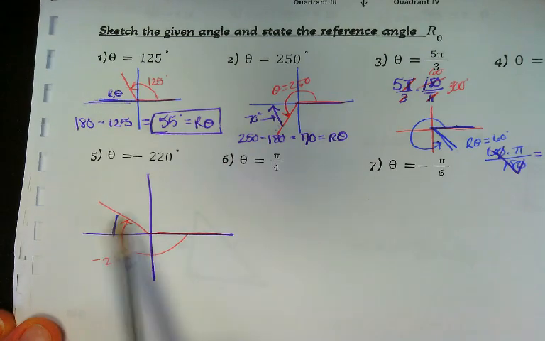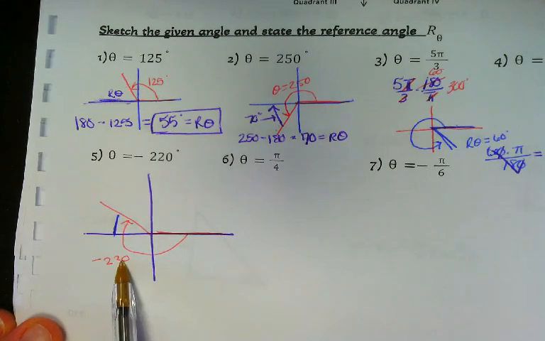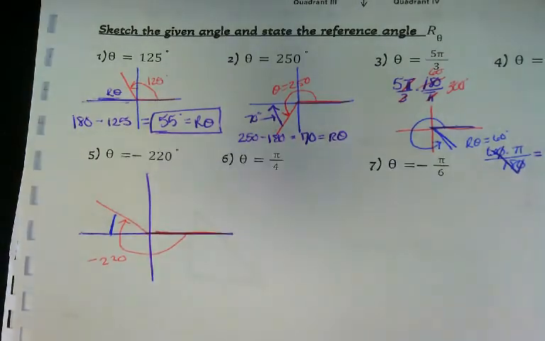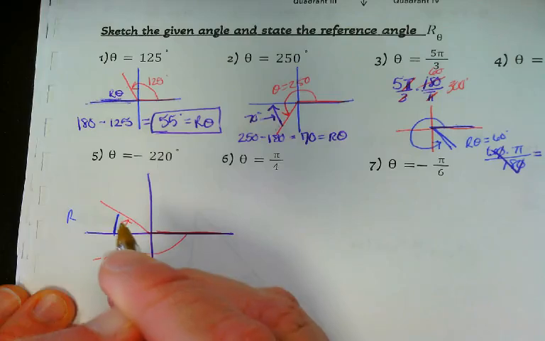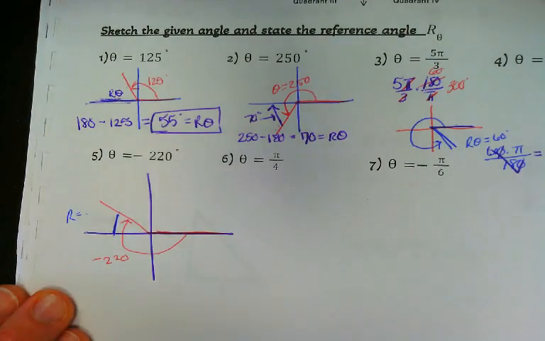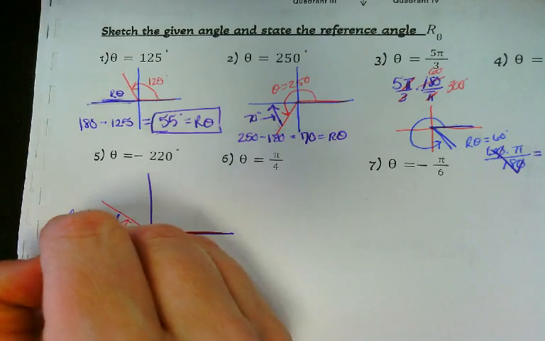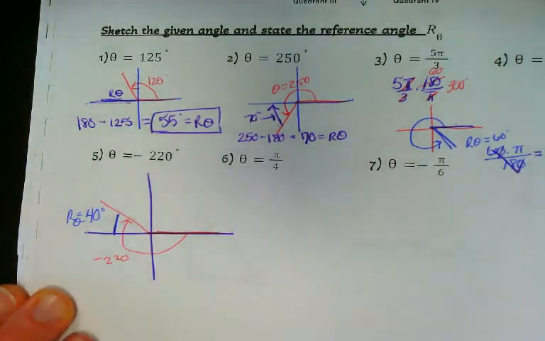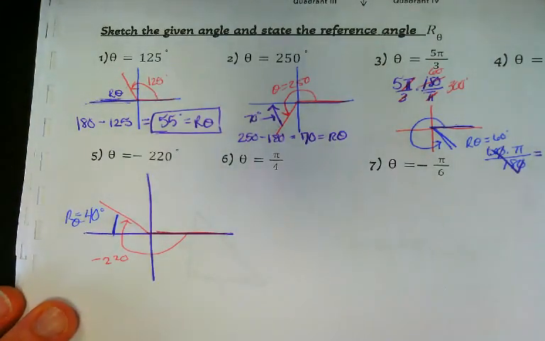Sure, you could add 180, or you could just take positive 220 minus 180, right? You just want the difference between the two. So what's the difference between 220 and 180? 40, negative. No, well, it has to be a positive acute, right? So our reference angle is just 40. Okay, just make sure your answer is always positive and acute.